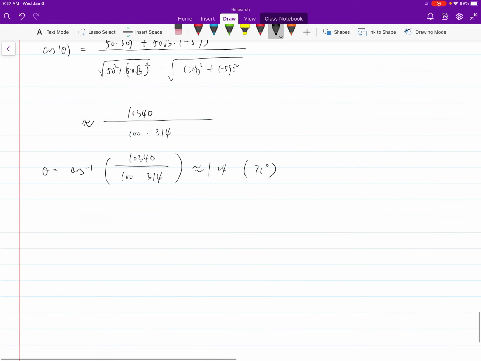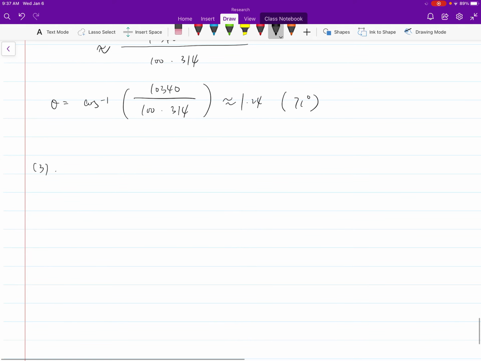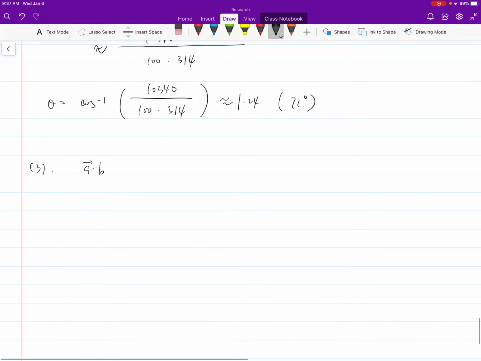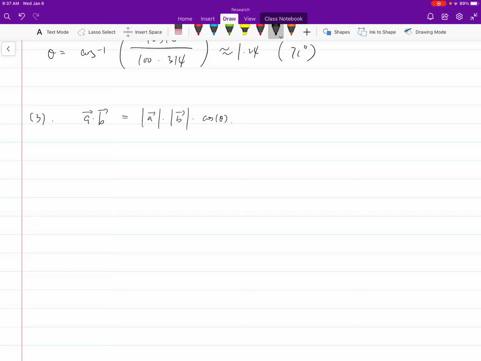Okay, now what can we do? Well, with all this, we have another interesting fact. You know, A dot B equals |A||B| cosine theta. That can tell us a very interesting thing. That is, A dot B can be what?